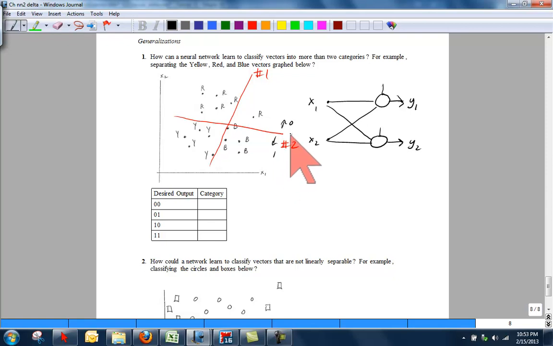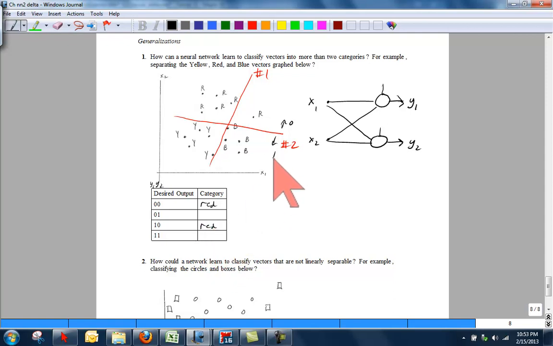Well then, if the output number 2 is a 0, I have a red. So if I come here and if this is y1, y2, then this is a red. Its output number 2 is a 0, and this is a red.